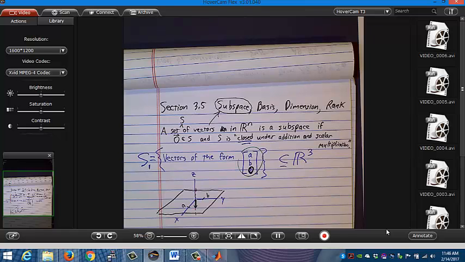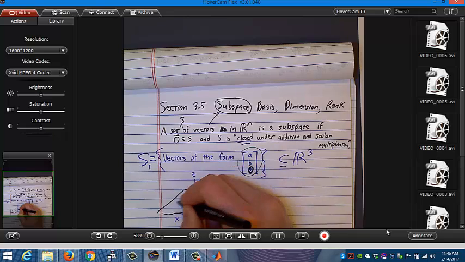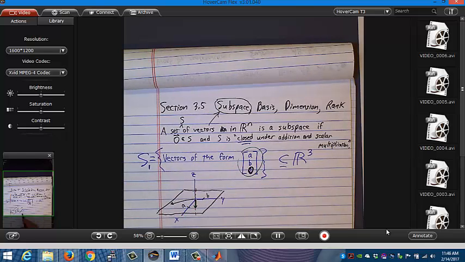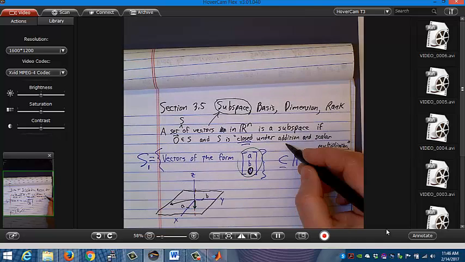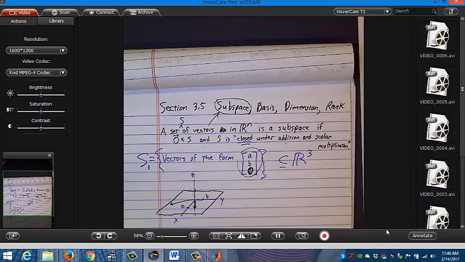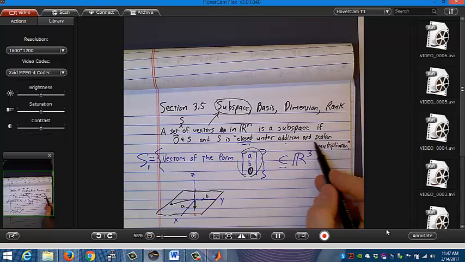Now, what if you take another vector in the plane? So let me draw a black vector over here. If I add these two vectors, and if they're both in the plane, will the sum be in the plane? So that means it's closed under addition. Well, you don't need matrix multiplication, you need scalar multiplication.